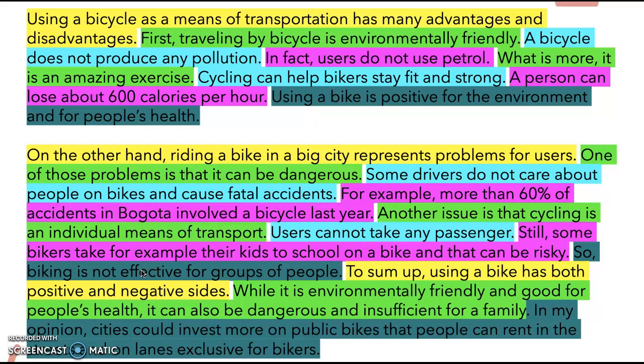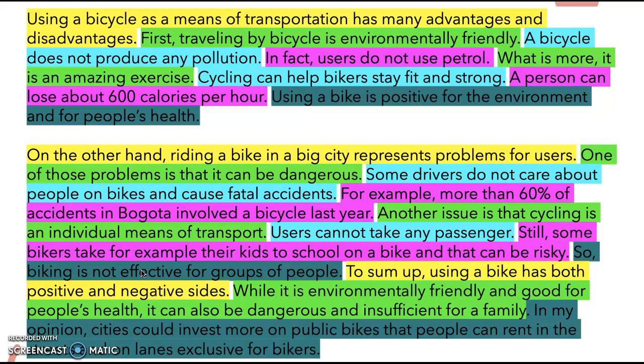We say that it is not effective for groups of people, and we have a little closing sentence, right? Restating what we said in the first topic sentence. That's why it is in yellow.